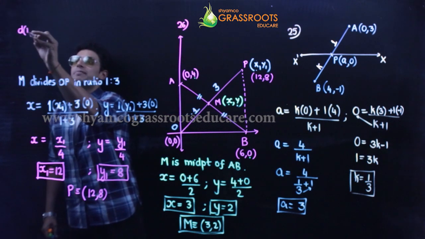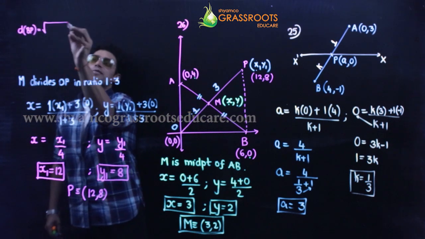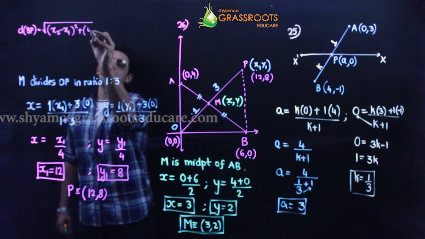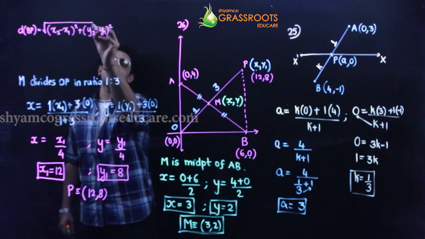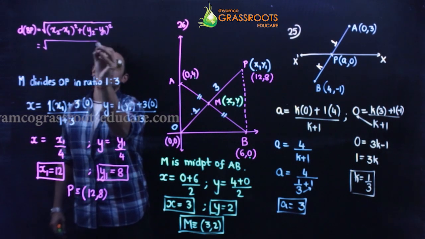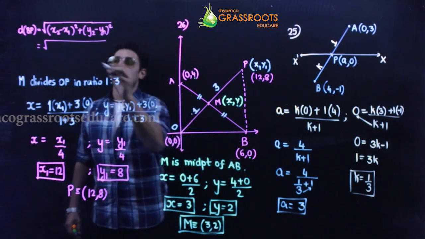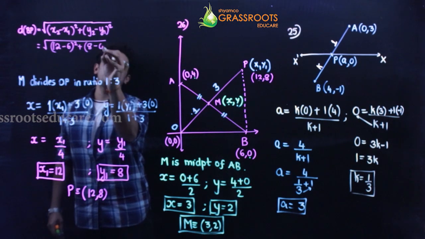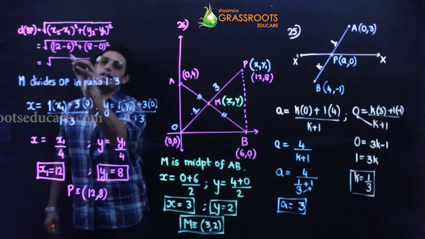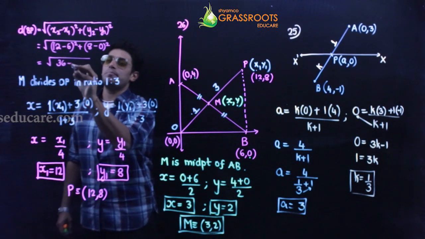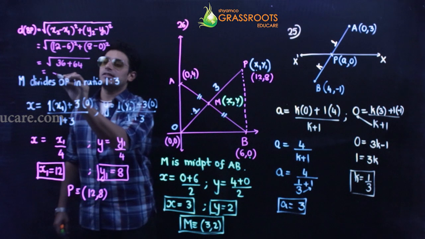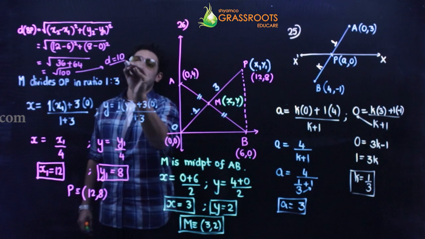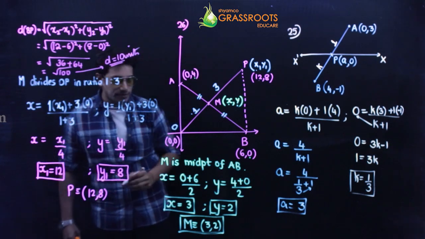Distance formula: root of x2 minus x1 the whole square plus y2 minus y1 the whole square. On substitution, you get root of 12 minus 6 the whole square plus 8 minus 0 the whole square. So you get 12 minus 6 as 6 square plus 8 square. That's going to be root 100. So the distance BP is going to be 10 units.